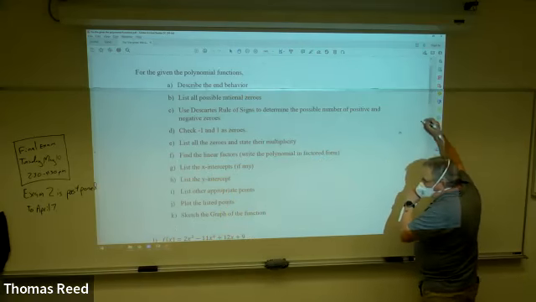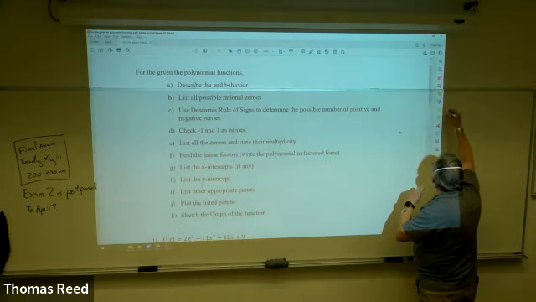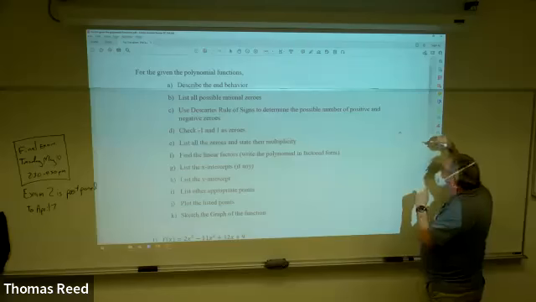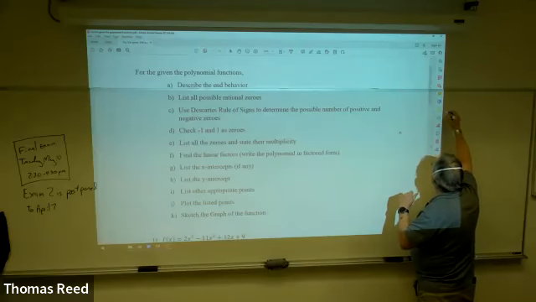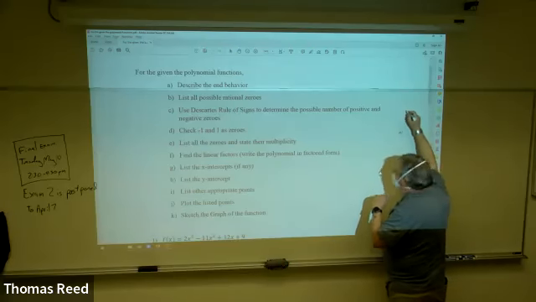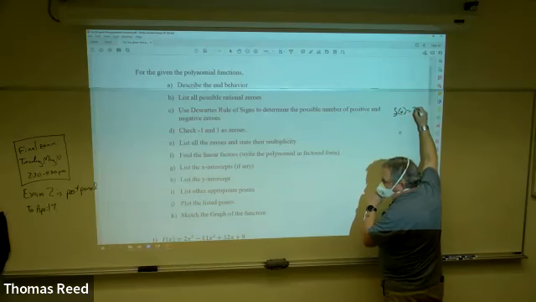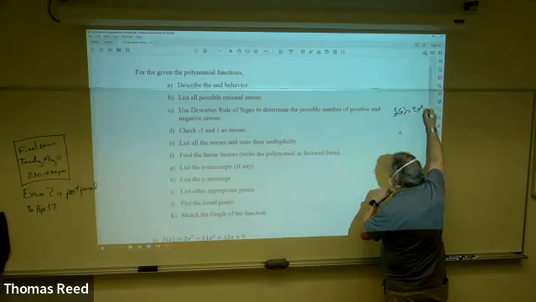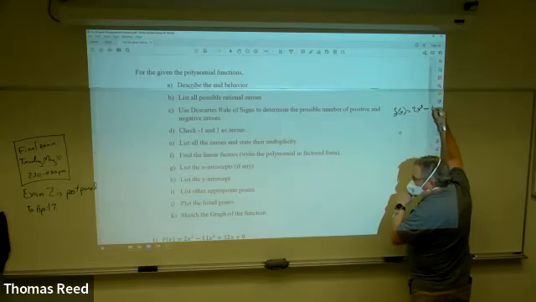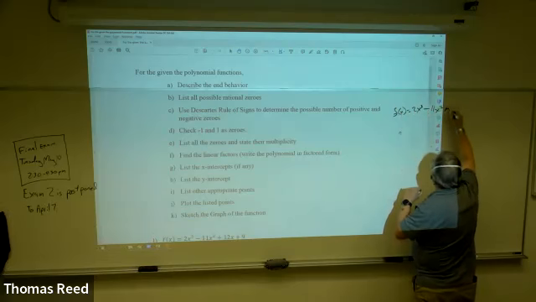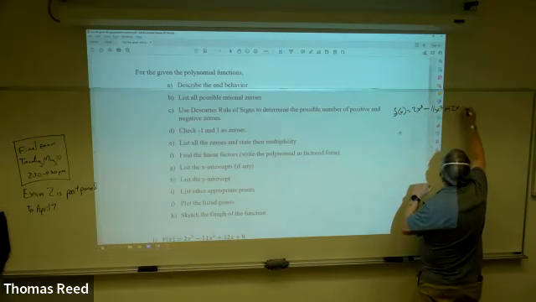So I'll work 1 or 2 of these, and then I'll cover new material, which is rational functions. So we have f of x equals 2x cubed minus 11x squared plus 12x plus 9.